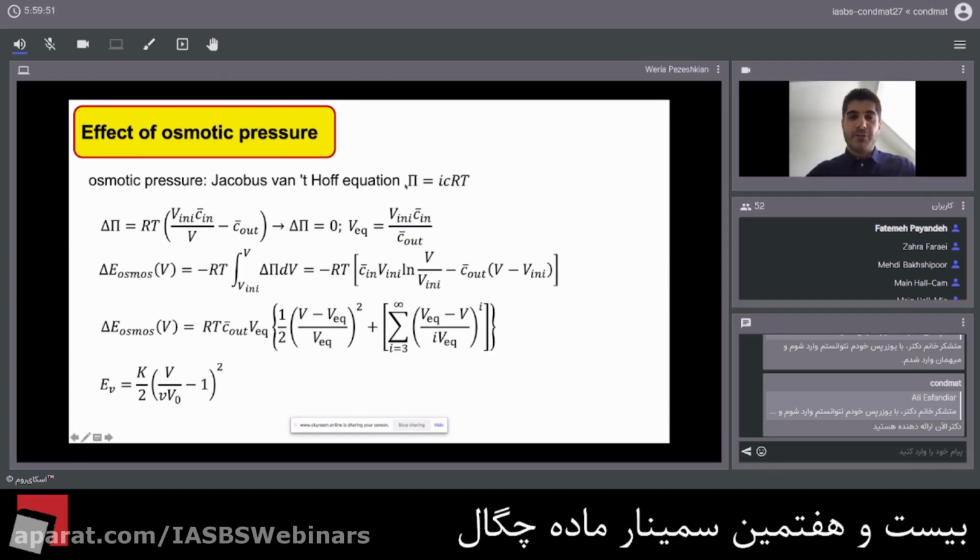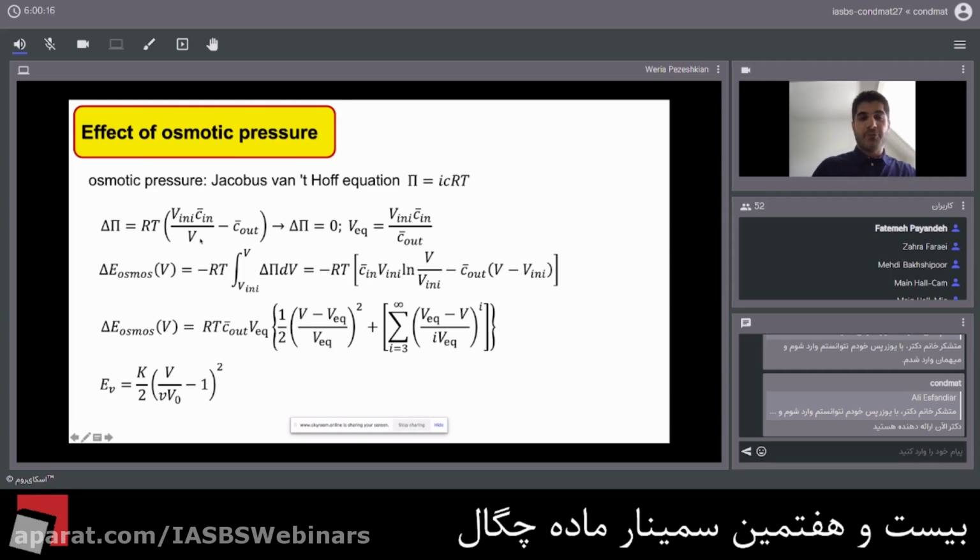So for the osmotic pressure, a good model could be just linearly dependent on the concentration of the solute. And so the osmotic pressure difference will involve a concentration from outside and a concentration inside, and this one will be volume dependent.